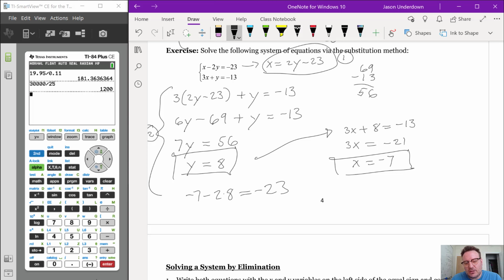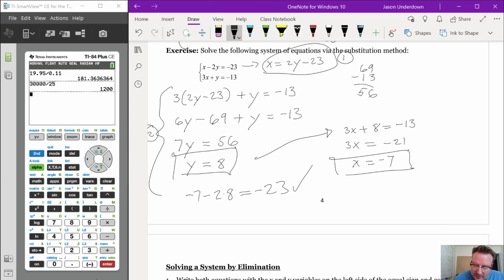Yeah, 16 plus 7, yep, 23. Checks out. To be sure, I've seen this happen before. Sometimes you can make a mistake, and even though you made a mistake, it will satisfy one of the equations but not the other. So really we need to check both.